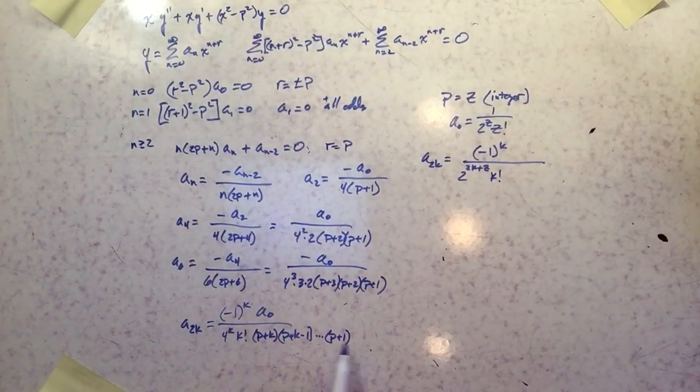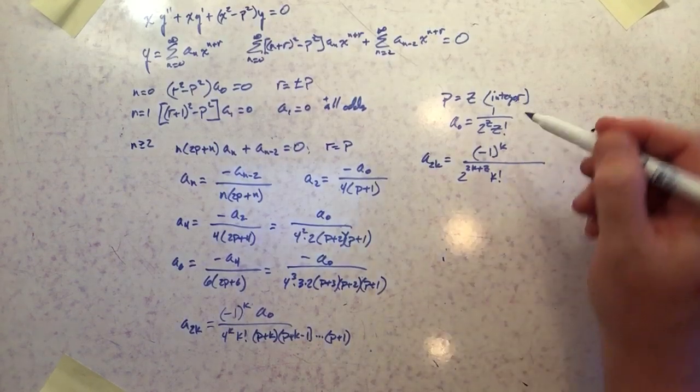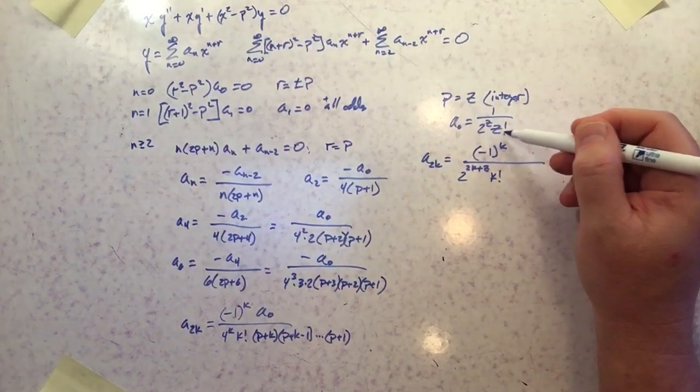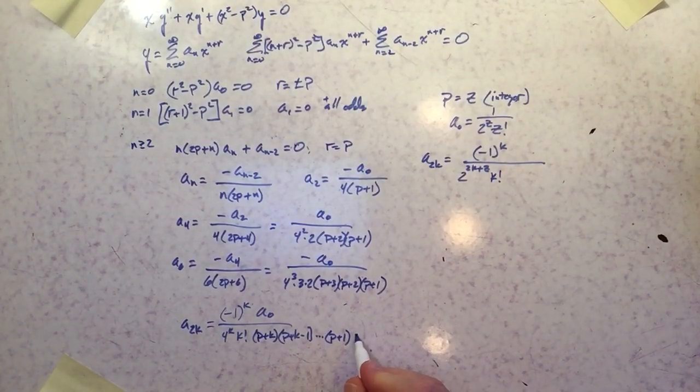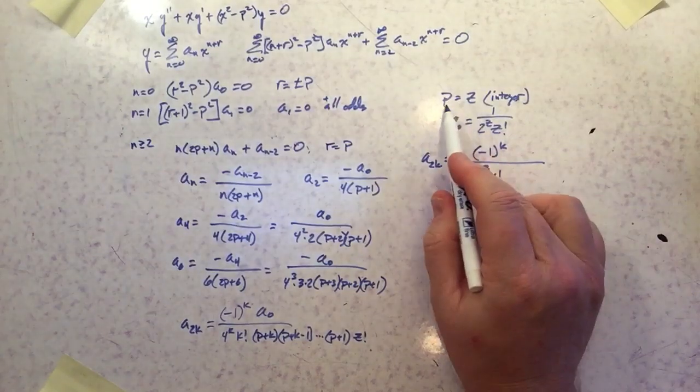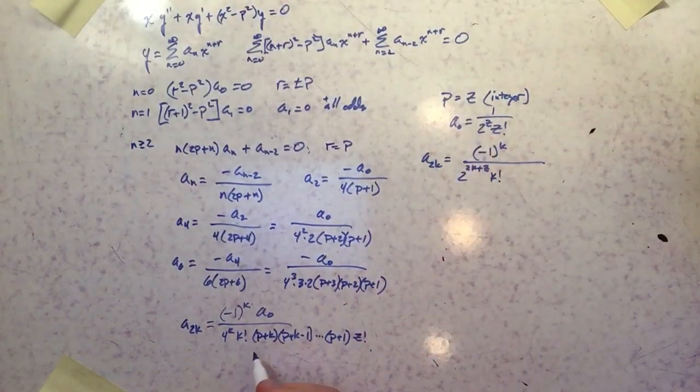This is where the real magic is going to happen. Remember, what I've done by placing z factorial in the denominator of a naught is I've in essence tacked a z factorial onto here. Keep in mind that p actually is z. It's an integer, which means all of these are z's. So this is z plus k, z plus k minus 1, all the way down to z plus 1.